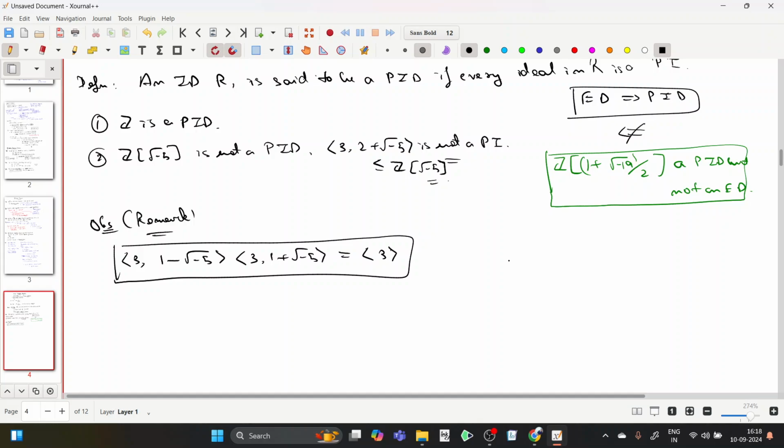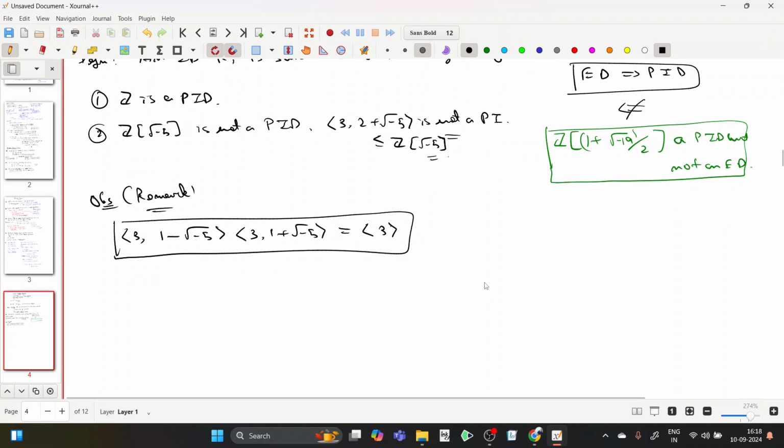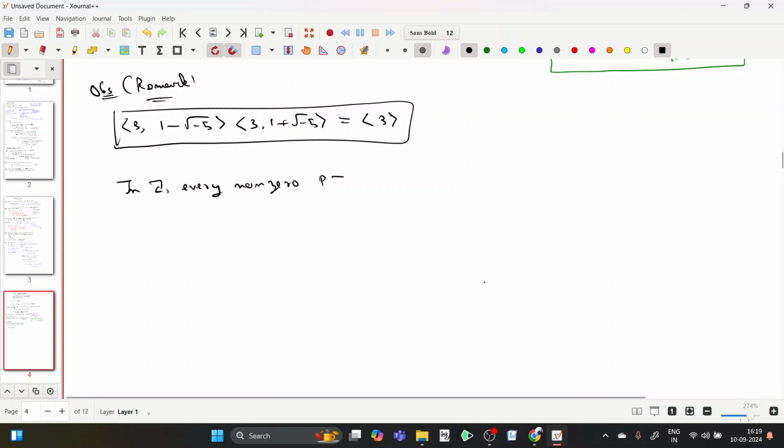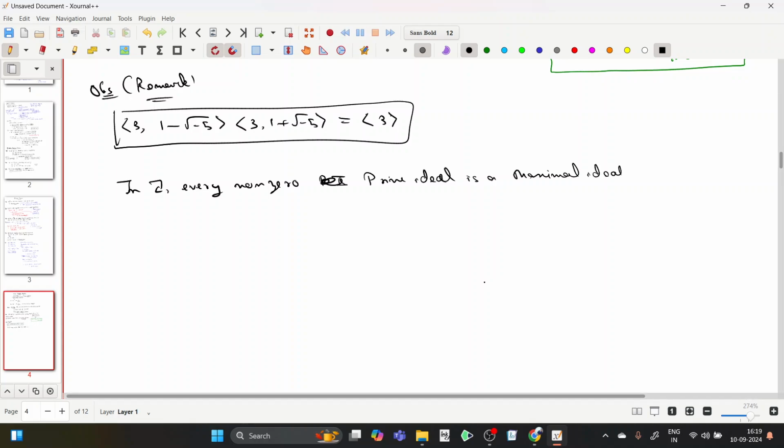The most important aspect of defining the concept of a principal ideal domain is that, recall when we had discussed the concepts of prime ideals and maximal ideals, we had discussed that in the integral domain Z, the ring of integers, every non-zero prime ideal is a maximal ideal.